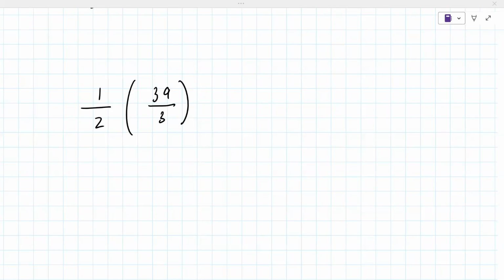So if you pre-reduced that, would it be 13 over 3? You're dividing both by 3. Oh, so 13 over 1, or just 13. So it's half of 13 over 1, which is 13 over 2, which is okay.